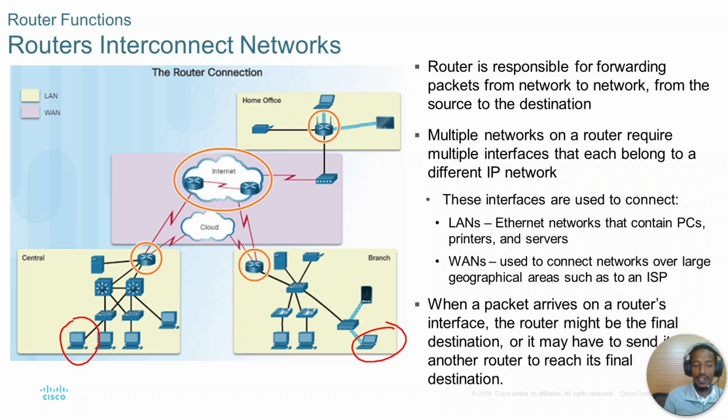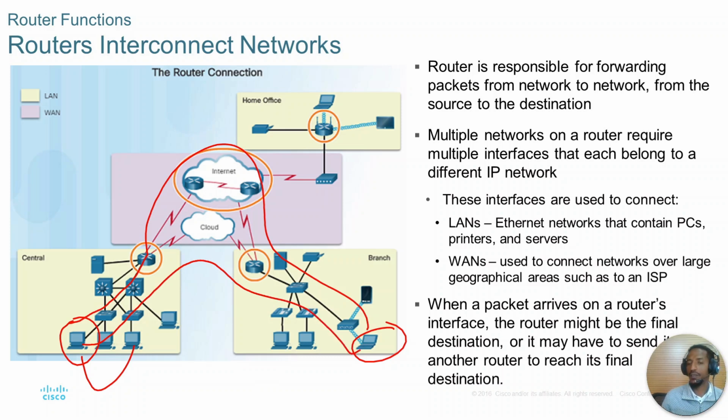If the file was destined to this PC, the switch by itself will send it. But we are going to go across multiple different networks. So the message is going to go from here through this path, or it can go from here up to here through different paths.